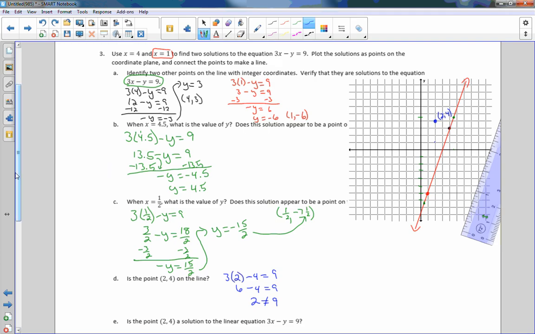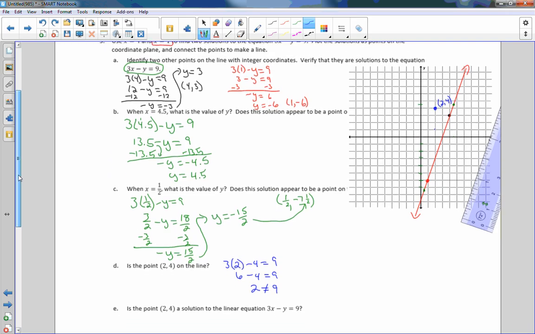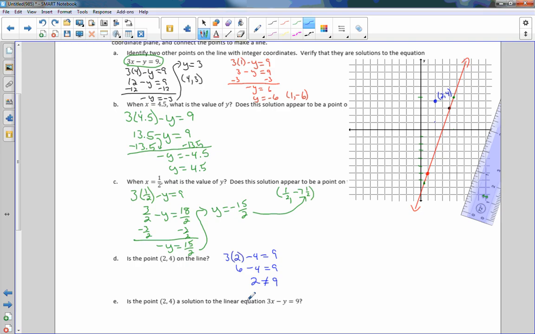It does not satisfy the equation. E, is the point (2, 4) a solution to the linear equation 3x minus y equals 9? Well, in all actuality, what I needed to do was put this down here. Is the point on the line? No. It is right here. The line is right here. And E actually proves it algebraically, so I just kind of did it before reading E.